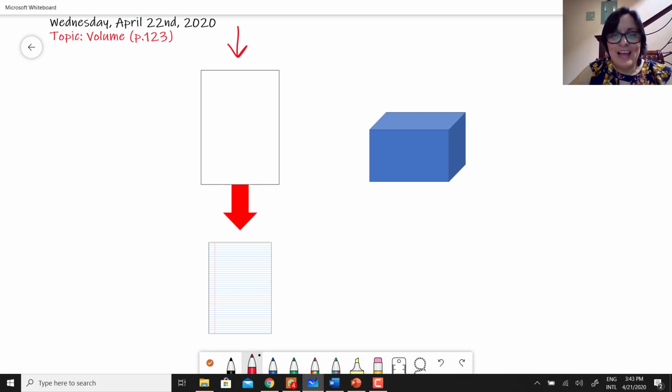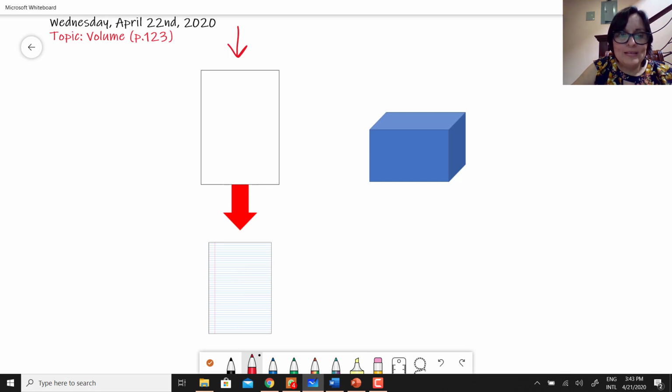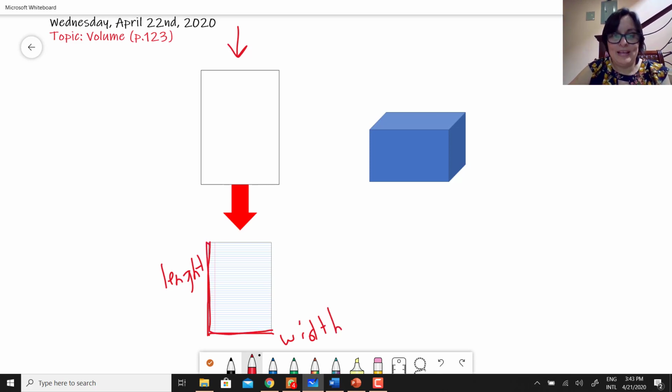So in the sheet of paper we have one measurement, that is length, and by here we have width, lo largo y lo ancho de la página, and no more, right? Because it's a plain figure.